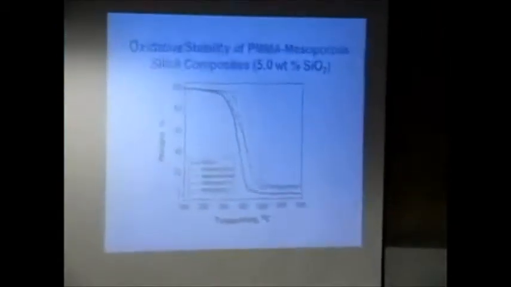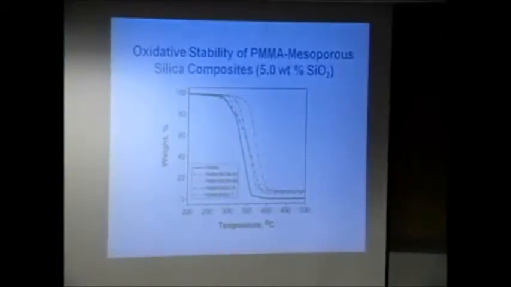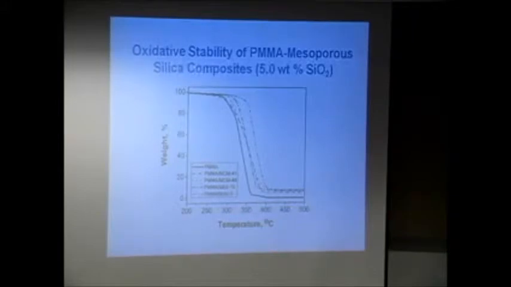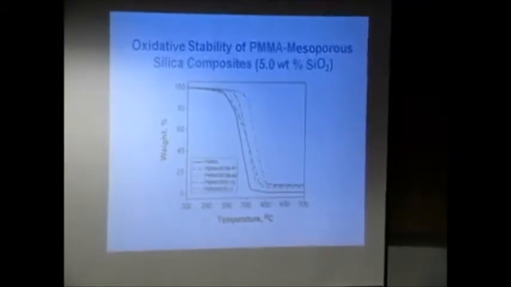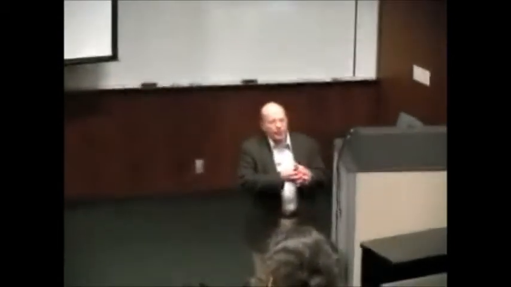Now, the question is, why does that happen? In both cases, why do you get better mechanical strength and why do you get better thermal stability when you put in a mesoporous silica? And we believe, and this is our hypothesis up to now, I don't have any proof for it, that when the polymer interacts with this porous particle, it actually penetrates the entire particle.